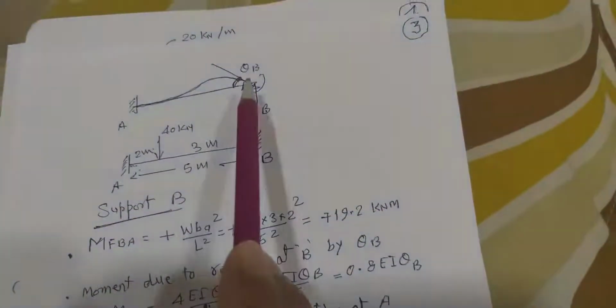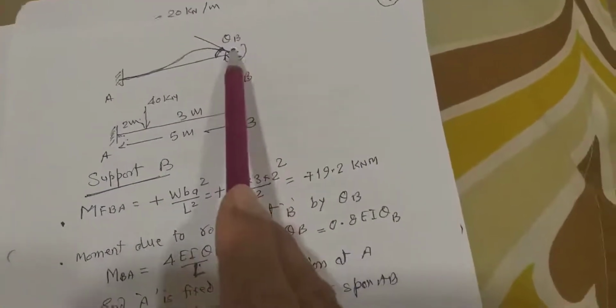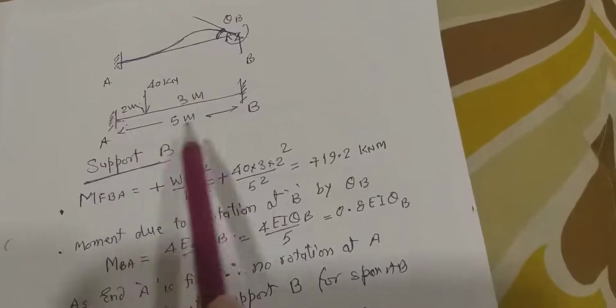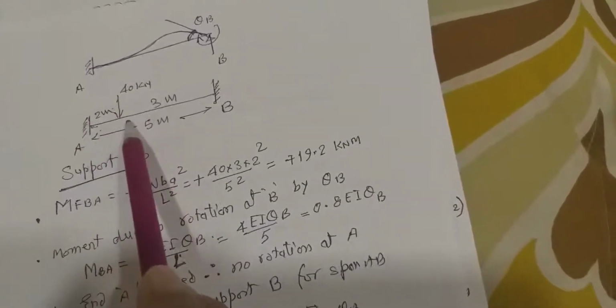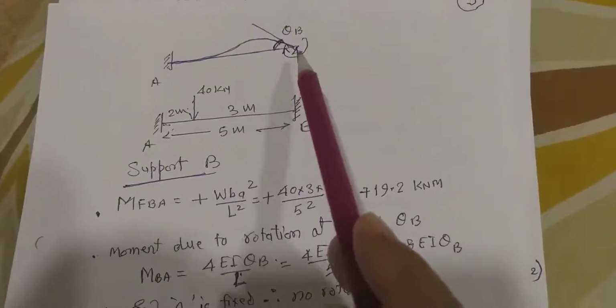So we have to find out two types of moments: one because of the fixed moments due to this point load, and another because of the rotation at B.